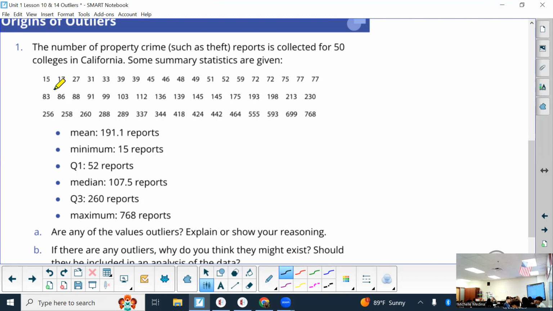And they also have the data for you. You are going to determine if any of the values are outliers, and then if so, which ones? And I just gave you a formula for how to truly determine that. So work on this for about 3 minutes, I feel like would be how long you need, but we'll see. We'll start with this problem. Are any of the values outliers? Explain or show me these.